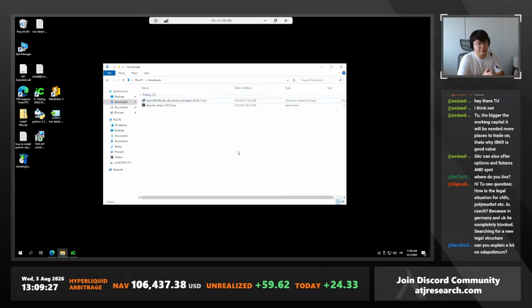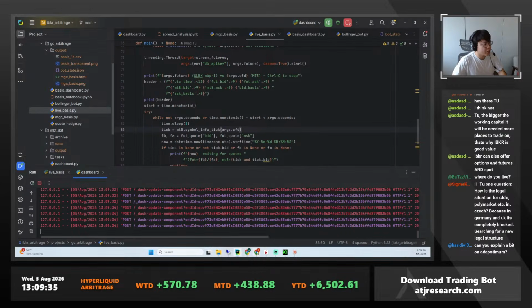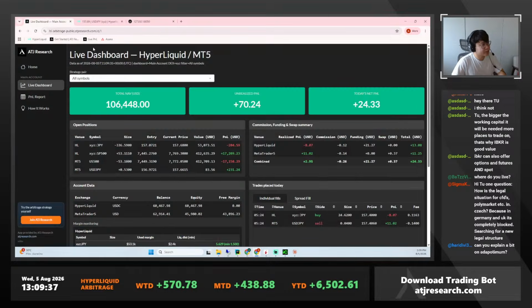Then we would evaluate the trading results by the end of the week. That's the main point. It's going to work exactly the same as our Hyperliquid arbitrage. We're just going to hedge two assets, and I'm excited about the results here.